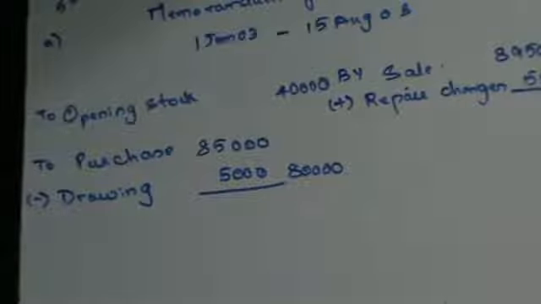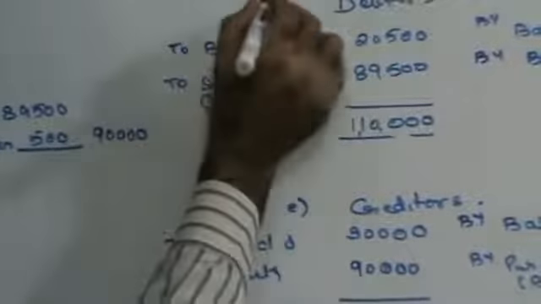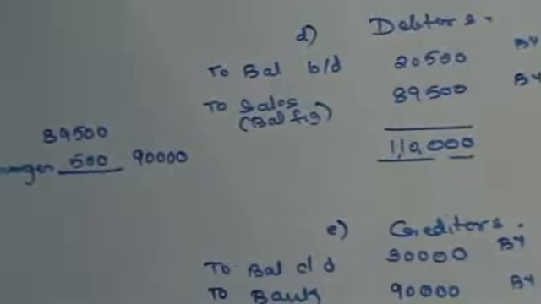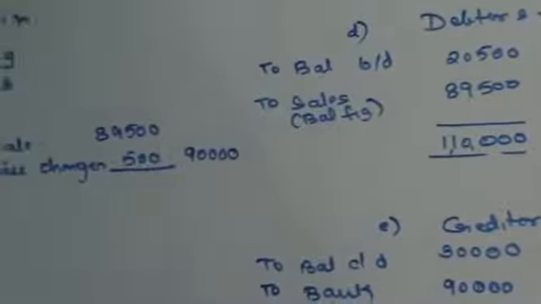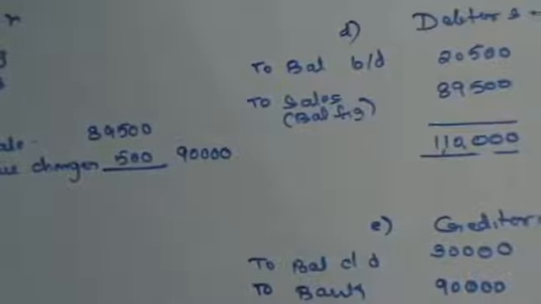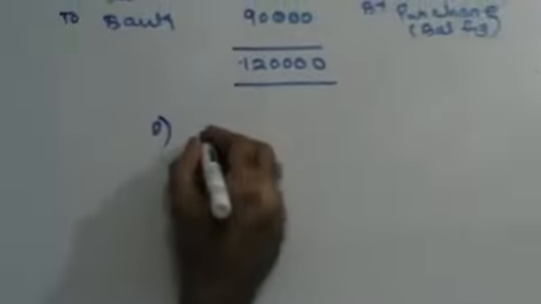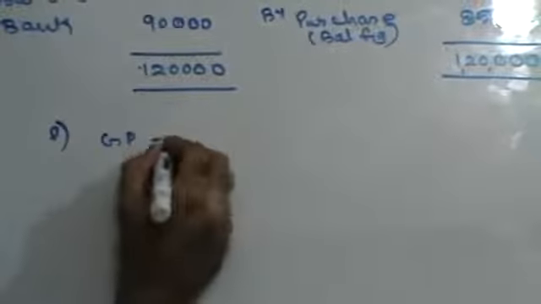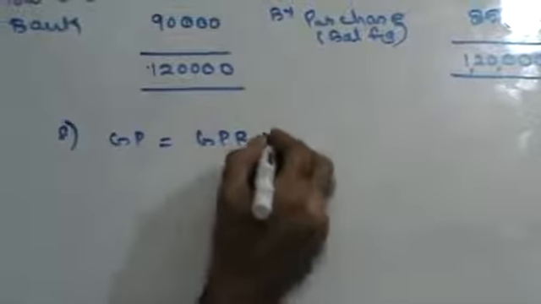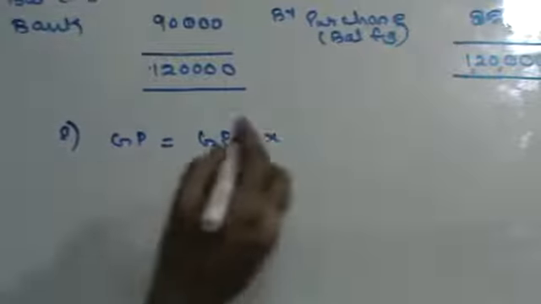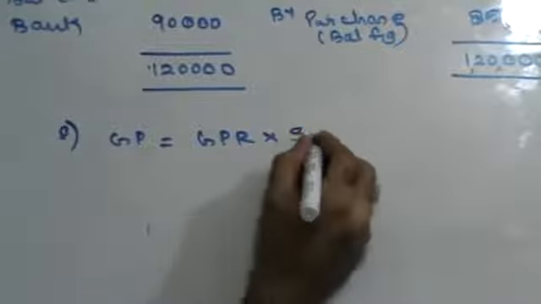Then working note D and E. They've given you on investigation that the rate of gross profit to sale is 33 1/3%. So straight away I can find out gross profit is gross profit ratio into the sale.